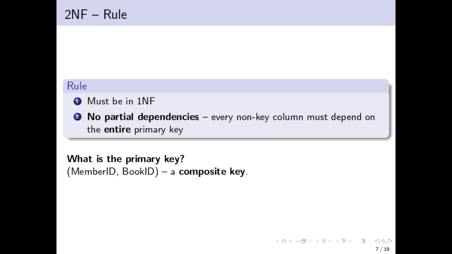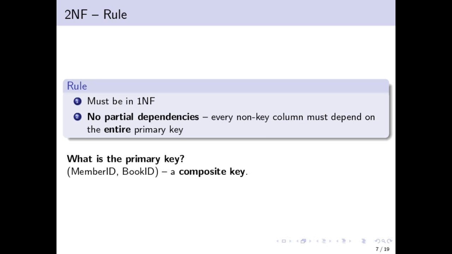What is the meaning of partial dependency? In a table, there will be columns that are a primary key or a composite key, and the remaining columns are called non-key columns. Example, student ID is going to be a primary key, but student name or the student address are all non-key columns.